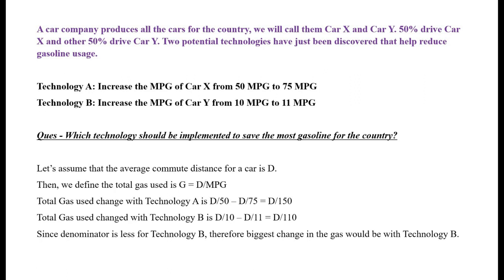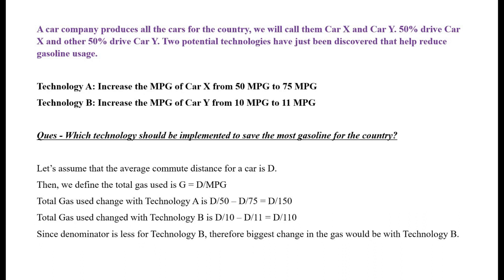Now let's calculate for technology A how much gas has been saved. It's saying that for technology A, the miles per gallon has increased from 50 to 75. So using the formula we have defined, D divided by MPG, we put it as D divided by 50 minus D divided by 75. That comes out to be D divided by 150.